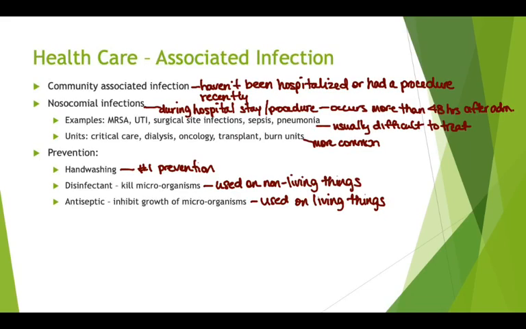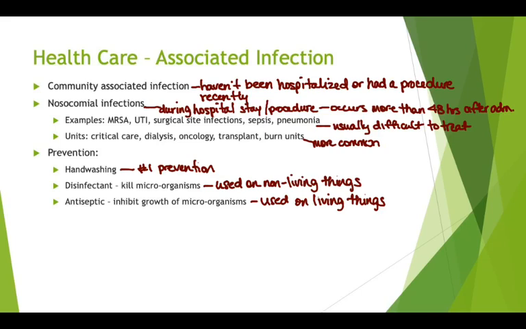Now, community-associated infections are infections acquired by a person who has not been hospitalized or had a medical procedure recently. So they haven't been in the hospital, okay? Your nosocomial infections, those are the ones that everyone knows about. Those are the ones you get from being in the hospital.